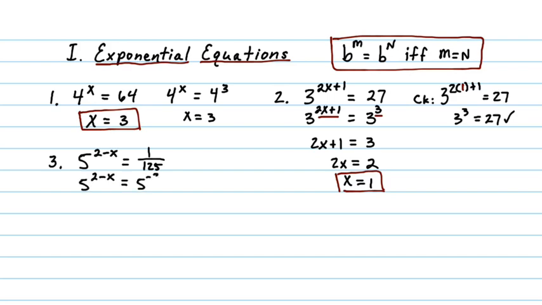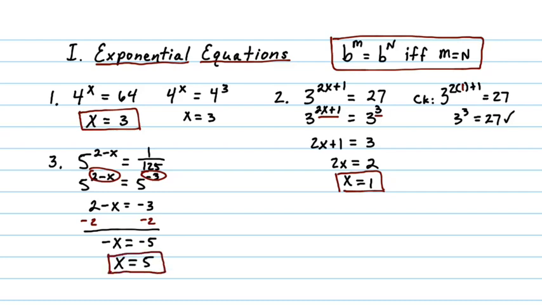So let's rewrite this, and on the right side we'll write that as 5 to the negative 3 power. Now we have the same bases, so we can set our exponents equal. We get 2 minus x equals negative 3. Let's go ahead and subtract 2 on both sides. We'll get minus x is equal to negative 5. And so we're going to get x equals 5 here.